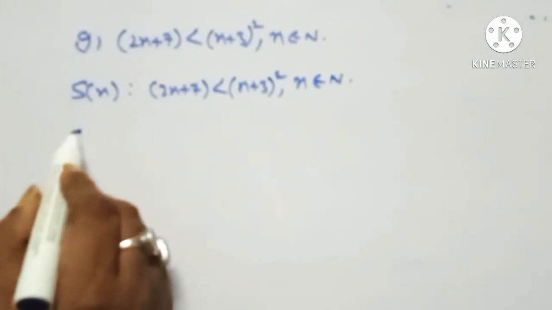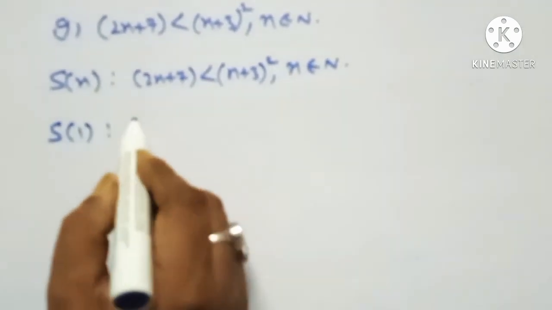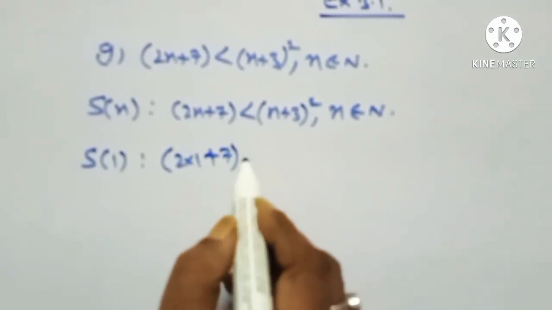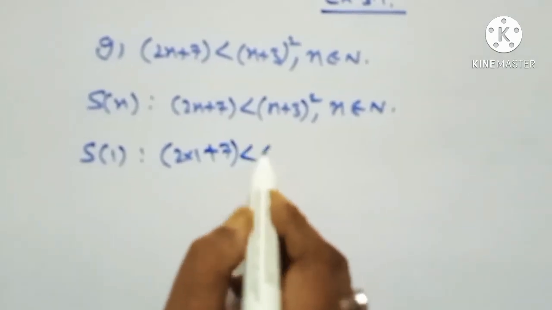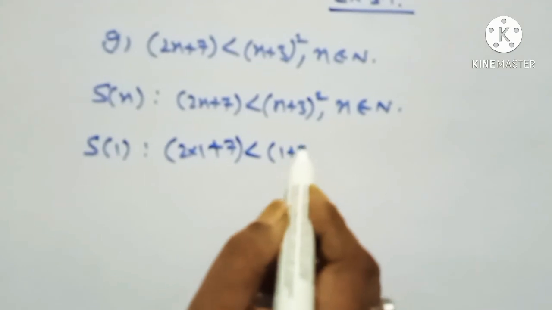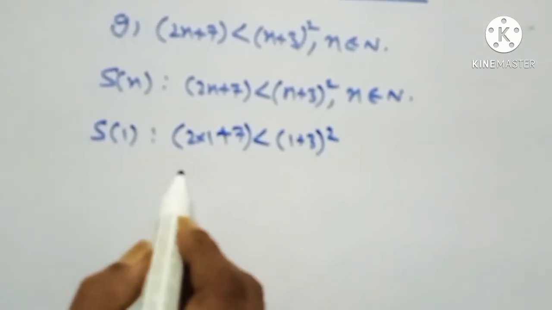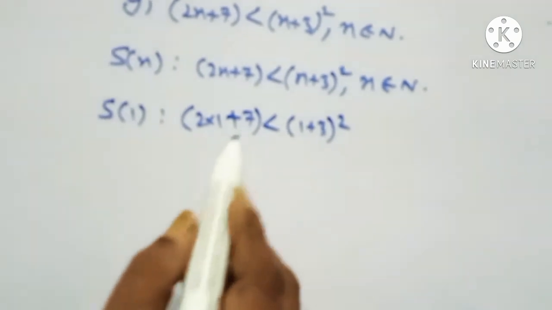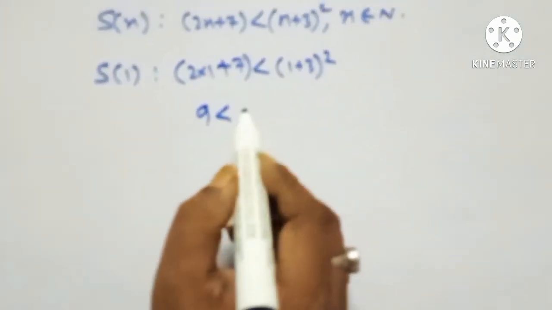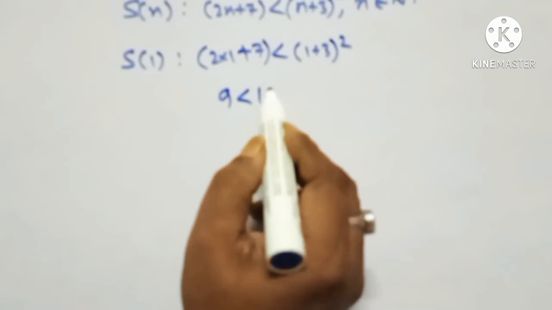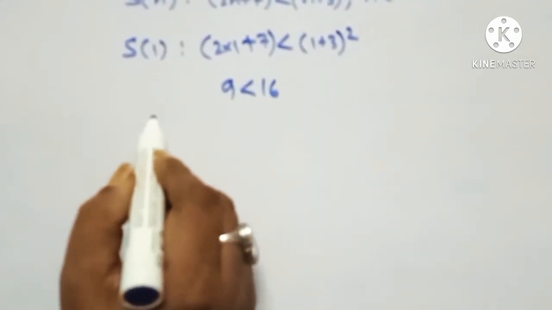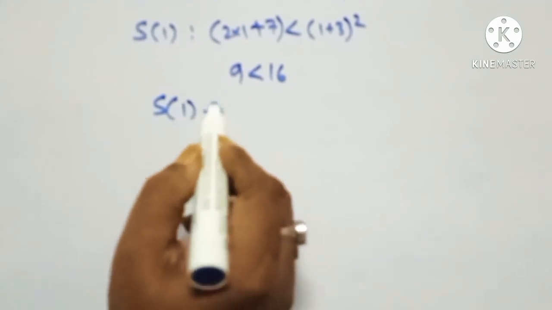Now for S1, see, 2 into 1 plus 7 is less than (1 plus 3) the whole square. So here you see 2 plus 7 is 9, and here 4 square is 16. So 9 is less than 16. So S1 is true.